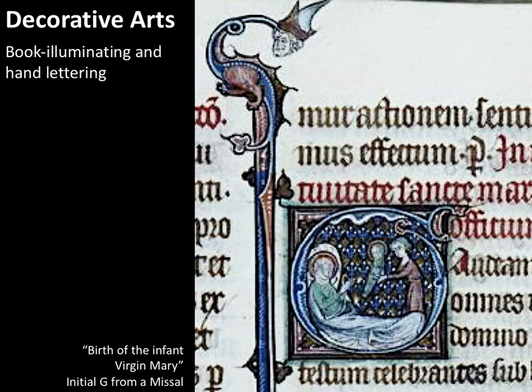We have the birth of the infant Virgin Mary. Obviously, there she is as a baby with her halo already being handed to her mother. So the illuminated texts, in addition to all of this gorgeous lettering, includes all of these beautiful little drawings.